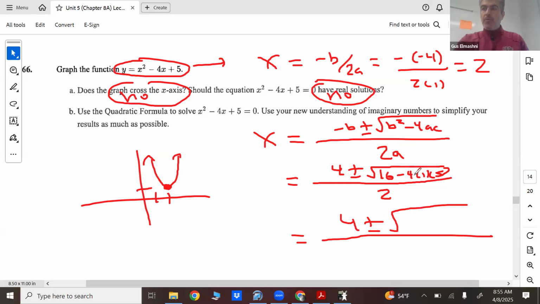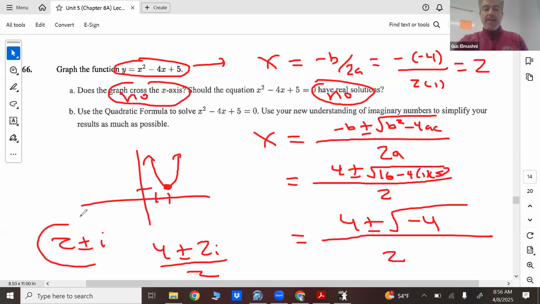Hold on. Do 4 times 1 times 5. And then 16 minus 20. Good. Okay, what's root negative 4, guys? 2i. Good. So you get 2 plus or minus i. That would be your solution. Which makes sense because it's not real.